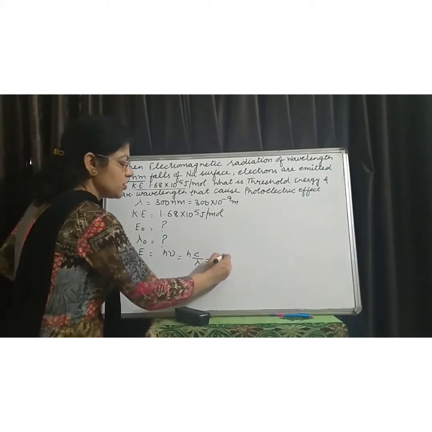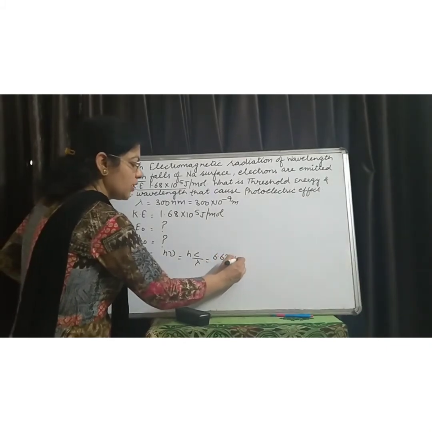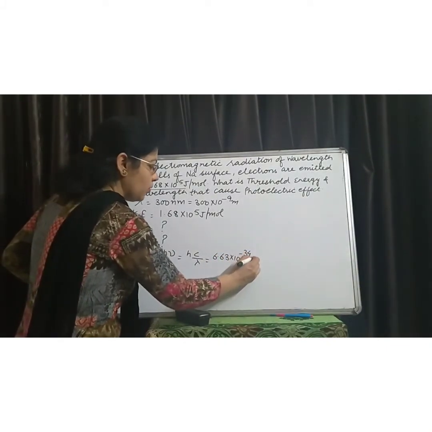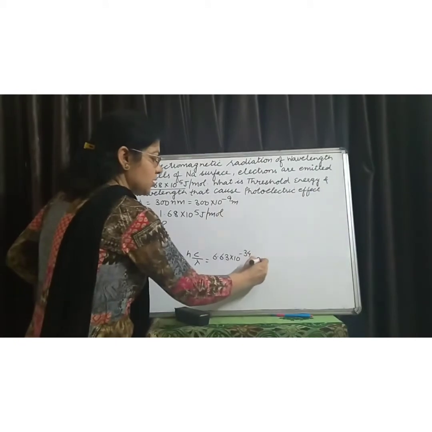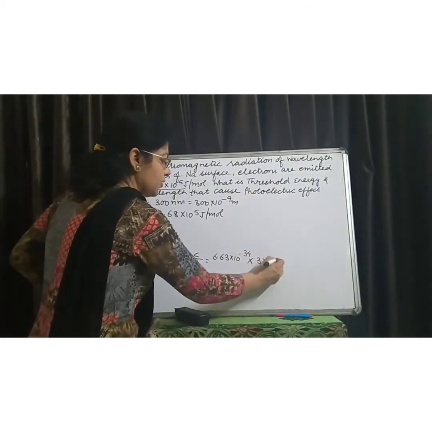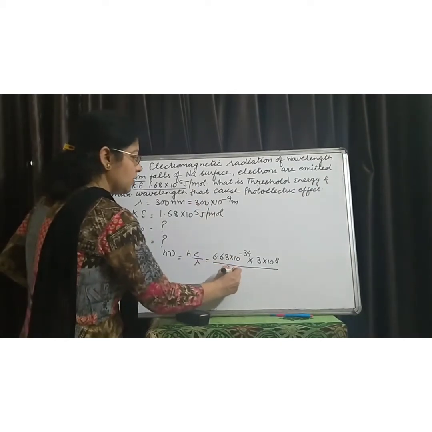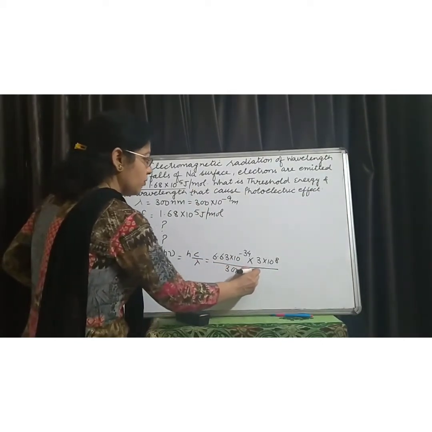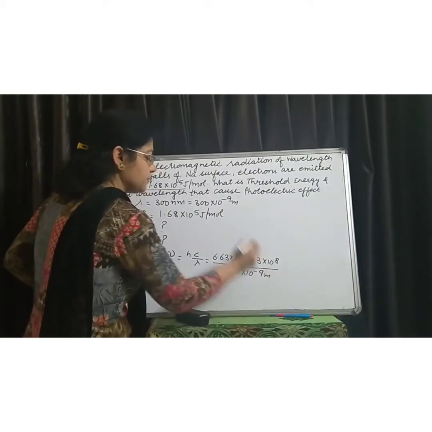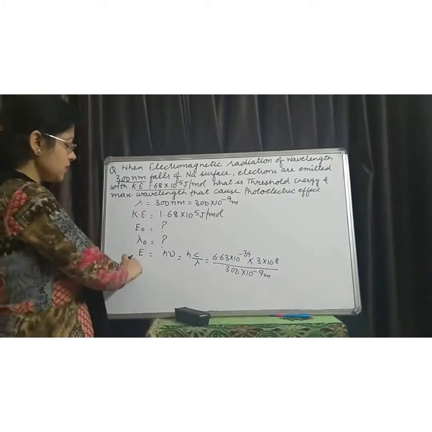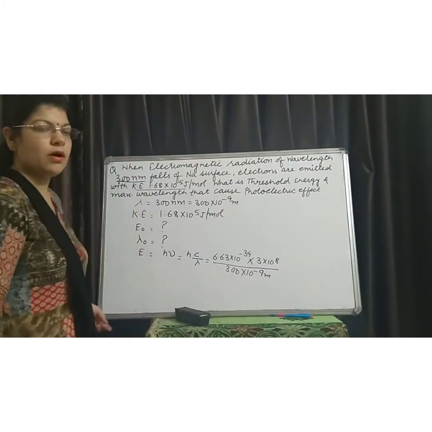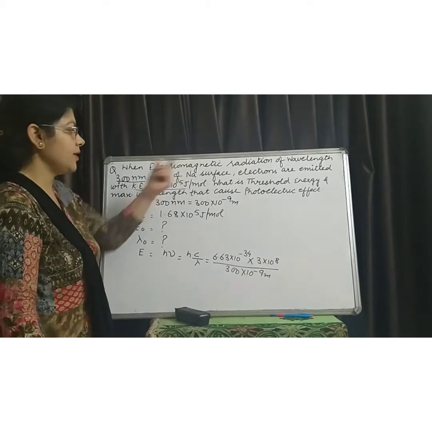It is equal to 6.63 × 10^-34. The value of c is 3 × 10^8, and lambda is 300 × 10^-9 meter. This is the energy of one photon.